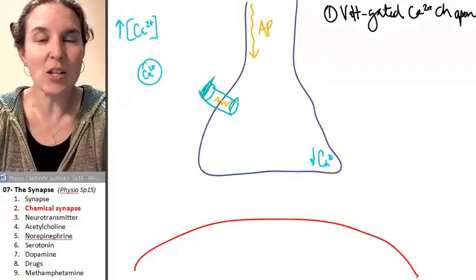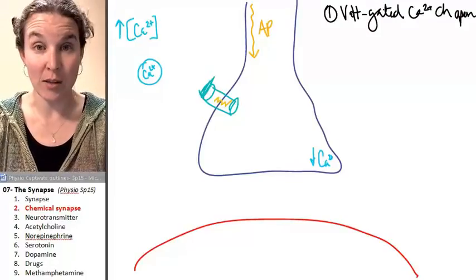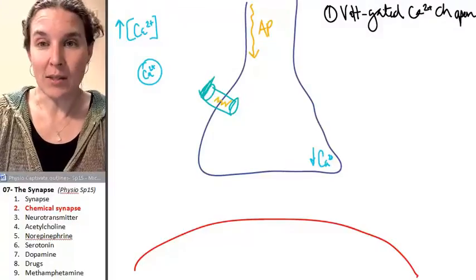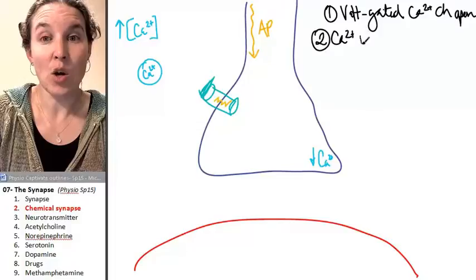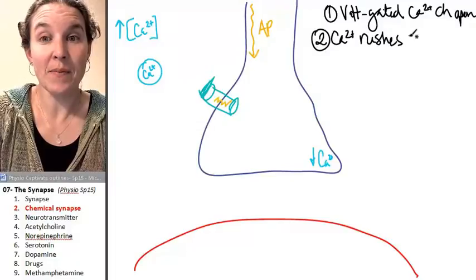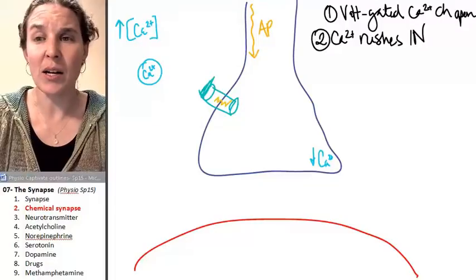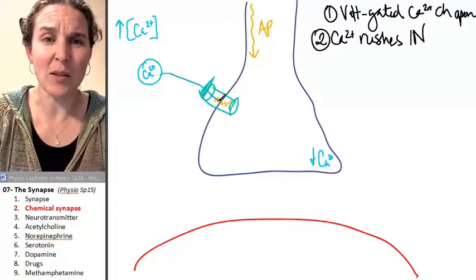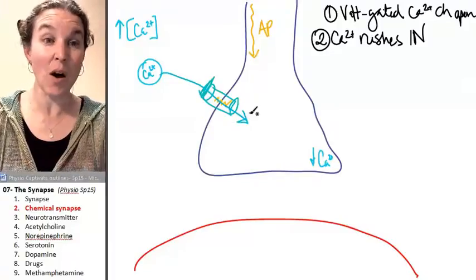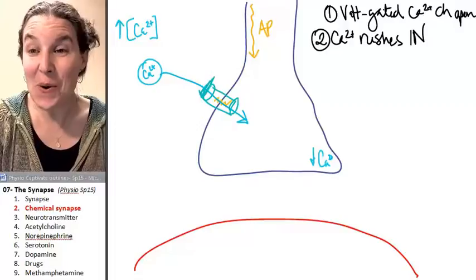The action potential arrived and caused the opening of these calcium channels. What's calcium going to do? Calcium rushes in. Okay, who cares? I'm telling you right now, nobody cares. So what? So calcium goes in. That doesn't make me go, oh, of course, except, this is so cool.